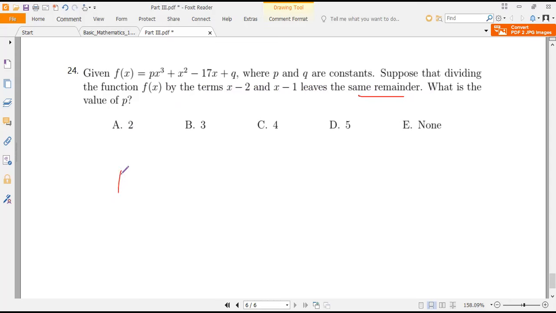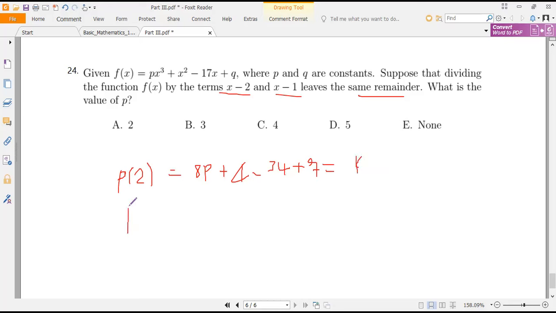So when we are substituting the values into these terms, x minus 2 and x minus 1, when we substitute 2, we get 8p plus 4 minus 140 plus q, which is equal to some value k.